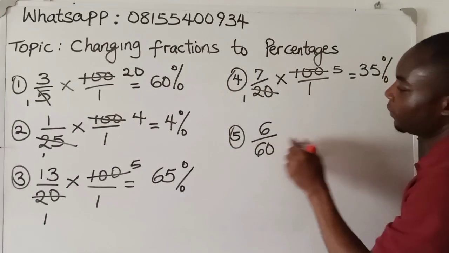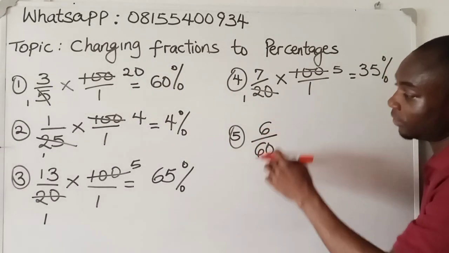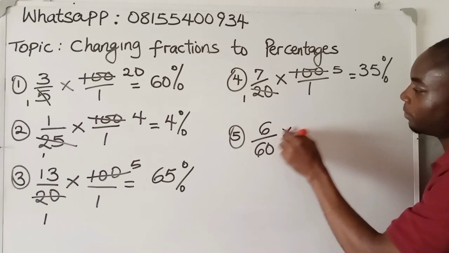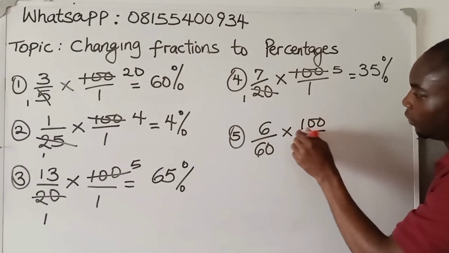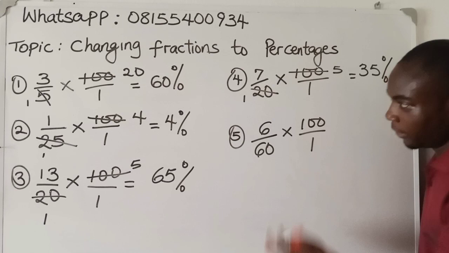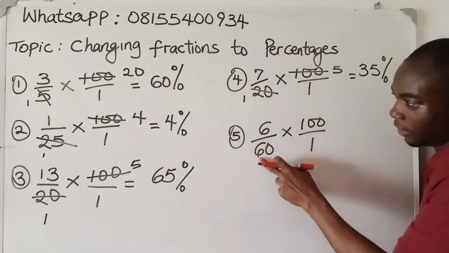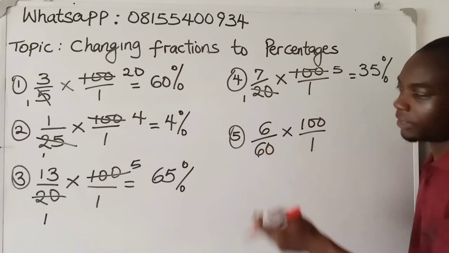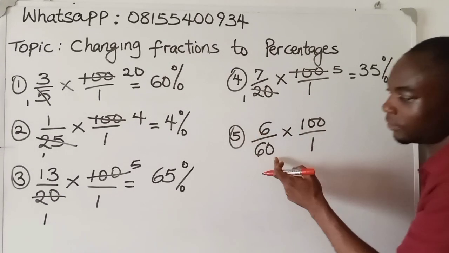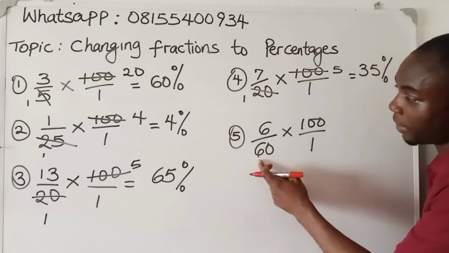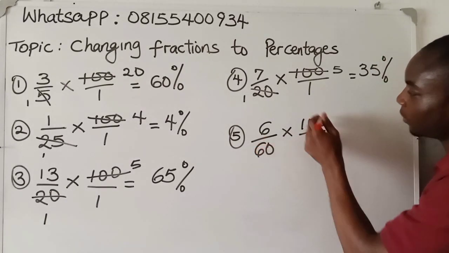So for question 5, we have 6 over 60. We'll multiply it by 100 as well, all over 1. In this case, you can see we have a numerator here as 6 and we have 60 here. That tells us that 6 can go into itself and 6 can go into 60. We can also say 0 cancels 0.